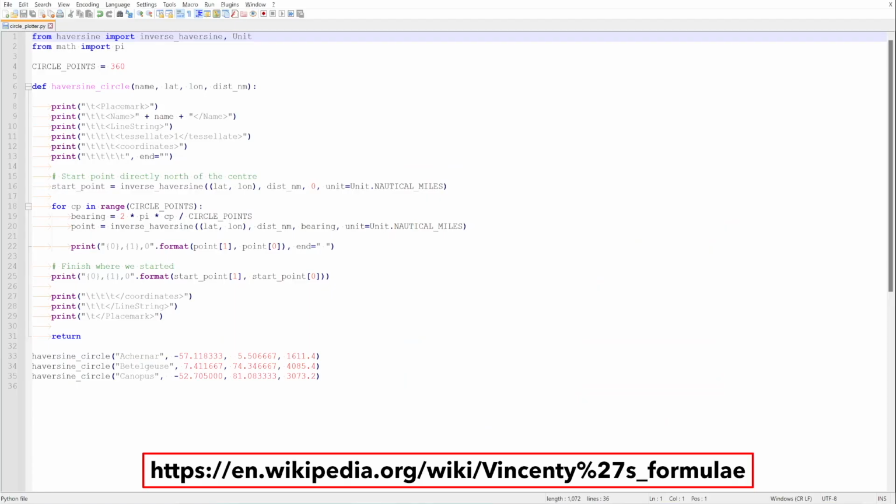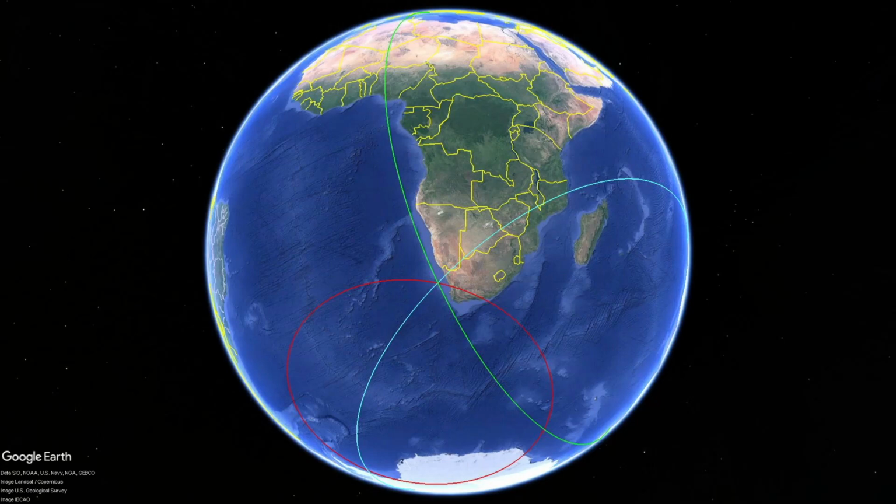Now, I would like to plot my circles in Google Earth, but the built-in circle tool on Google Earth actually uses a slightly different formula called the Vincenty formula, which takes into account the slight oblateness of the Earth. But the correct formula for celestial navigation is the Haversine, so I ended up writing some Python code to draw my circles for me. Here's what it looks like in Google Earth.